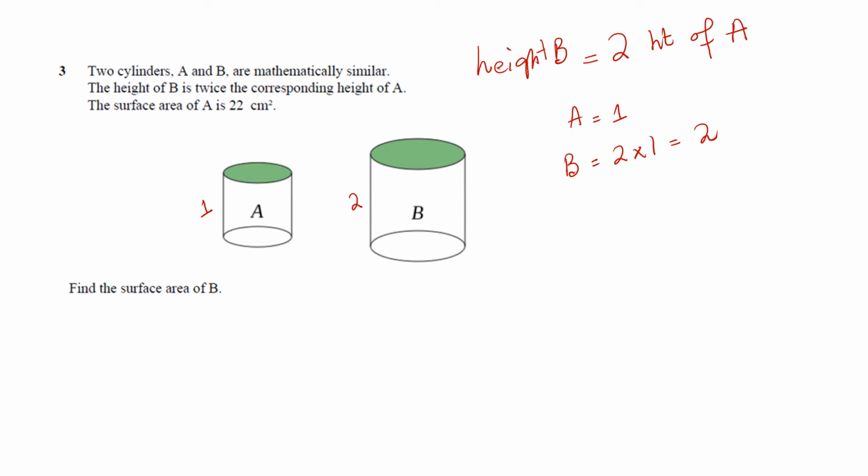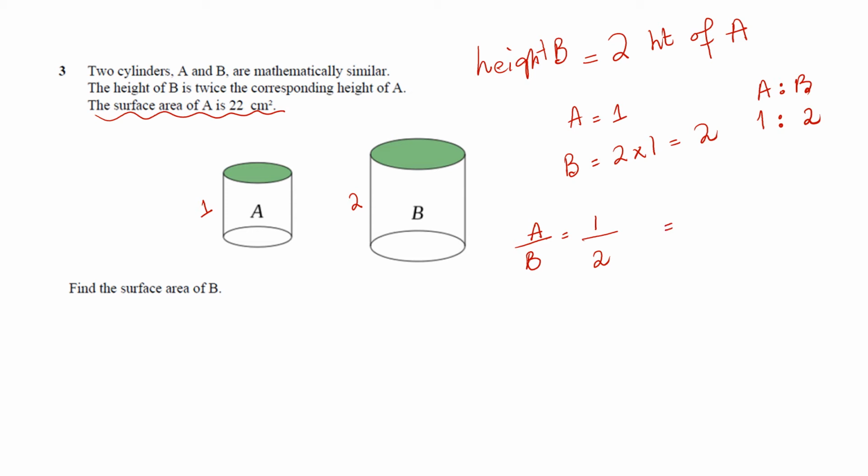So it means that A is to B are given in the ratio of 1:2. So again make it here A and here B. Write the A as 1, write the B as 2. Now here they are saying the surface area of A is 22 centimeter square.